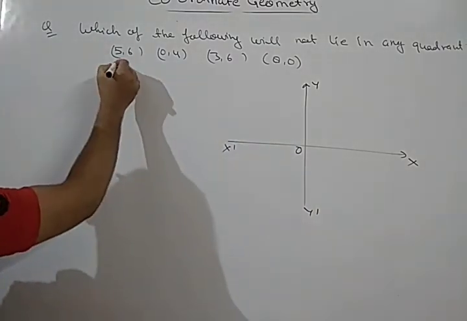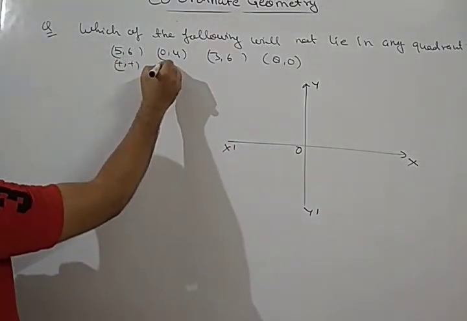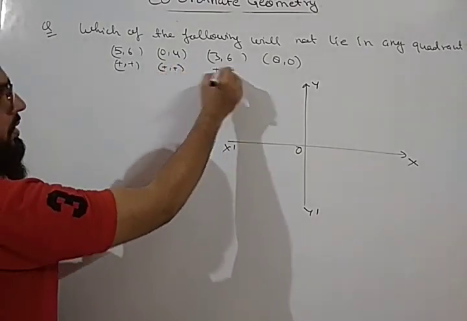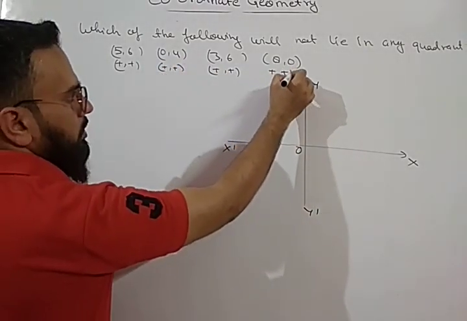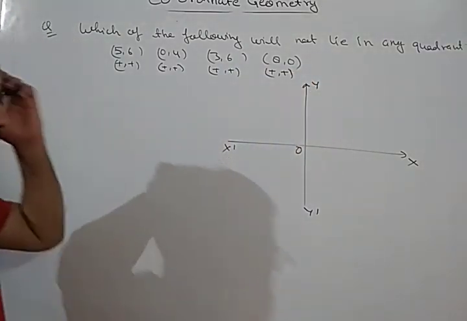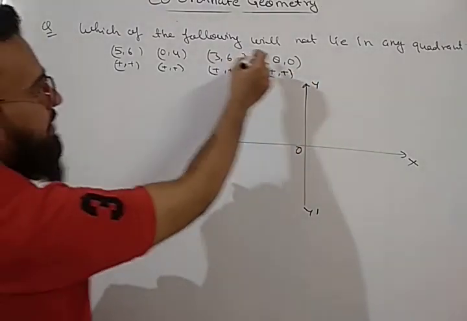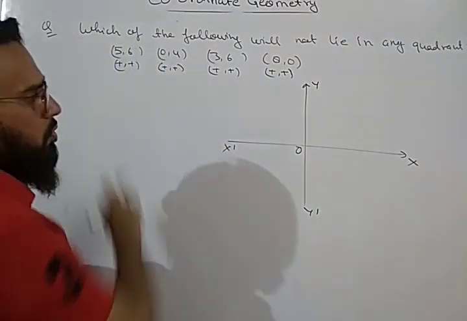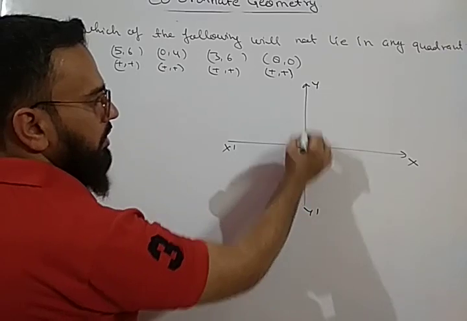Then (5, 6) means both are positive. Now (0, 4), and (3, 6) both are positive. But if we have to say which will not lie in any quadrant, then (0, 4) will be on the y-axis.